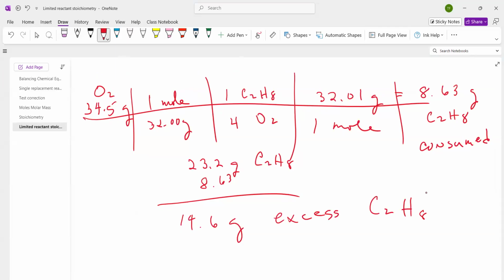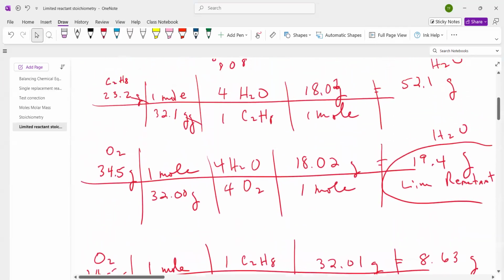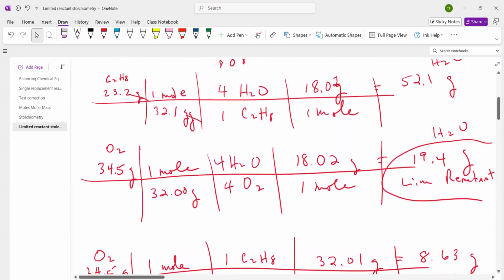One more calculation is I want to know the yield. And when we do these calculations up above, we are calculating the theoretical yield. So theoretically, we could get 19.4 if everything went perfectly. Well, guess what? Life is not like that.